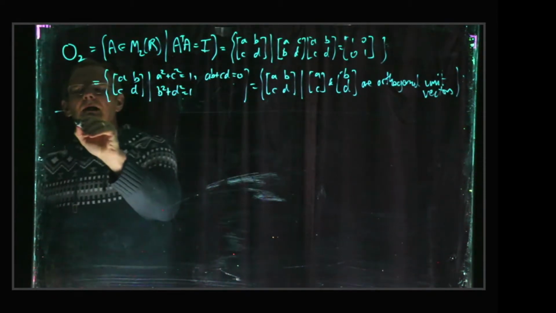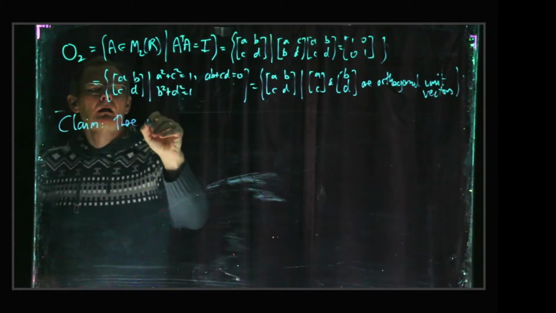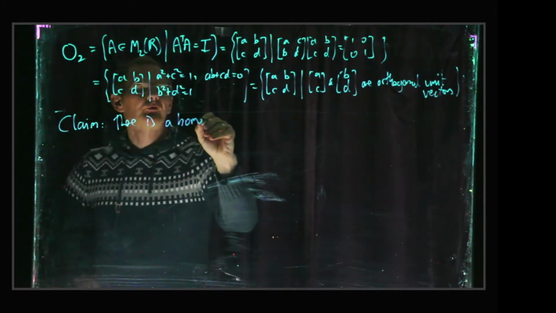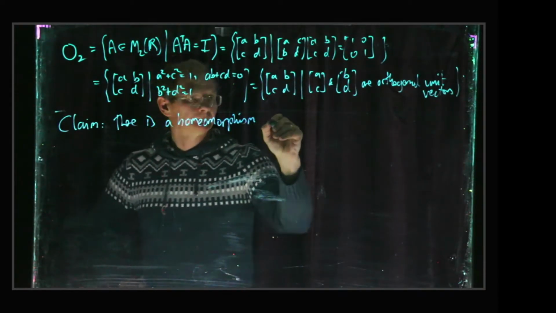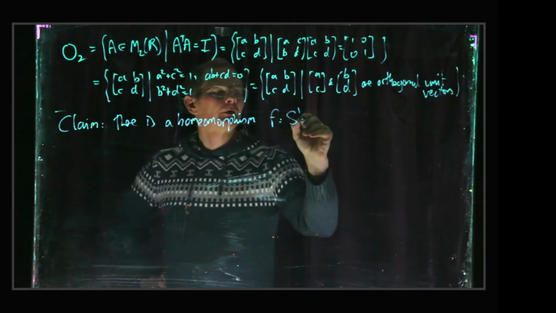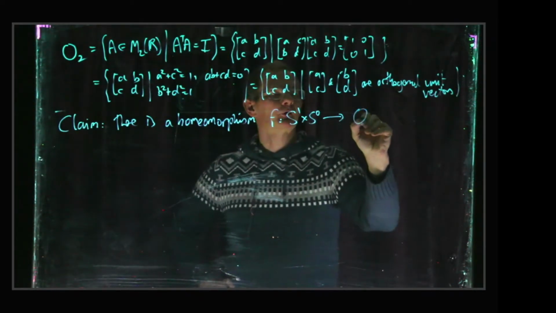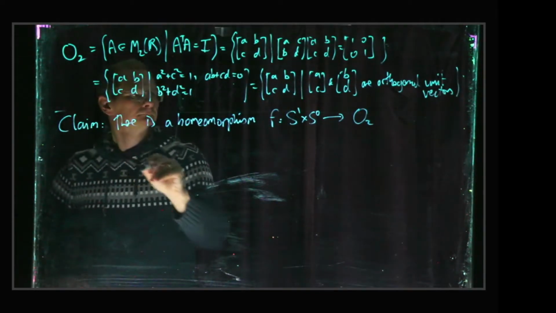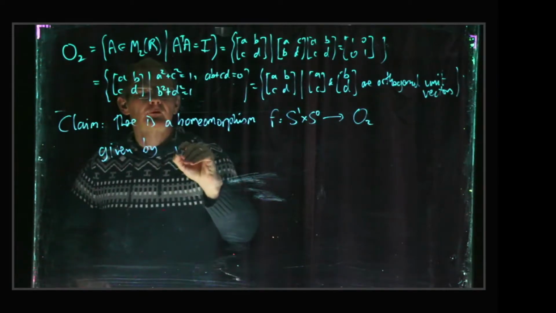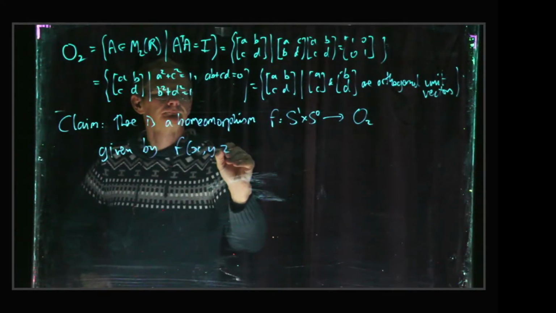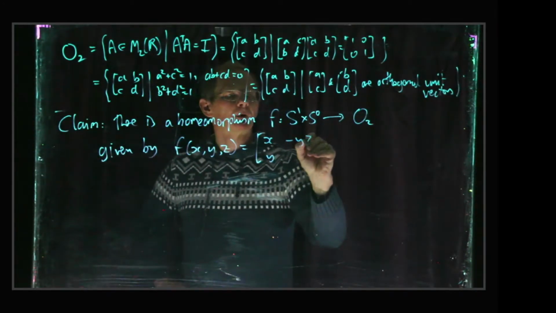Okay, so now I'm going to claim there is a homeomorphism F from S1 cross S0 to this space O2, given by F of X, Y, Z equals the matrix X, Y, minus YZ, XZ.